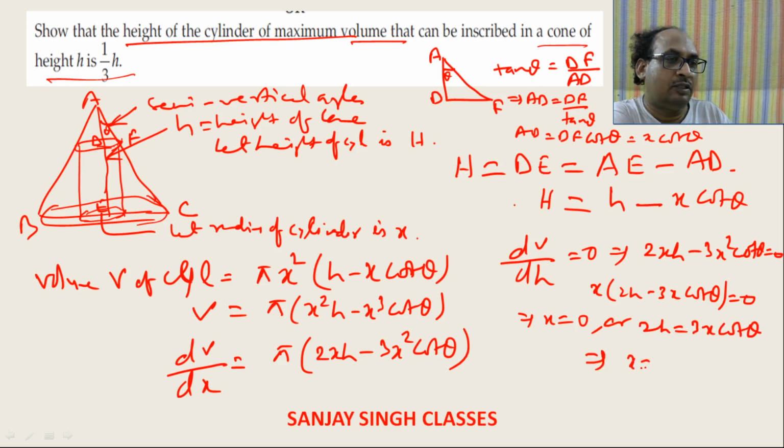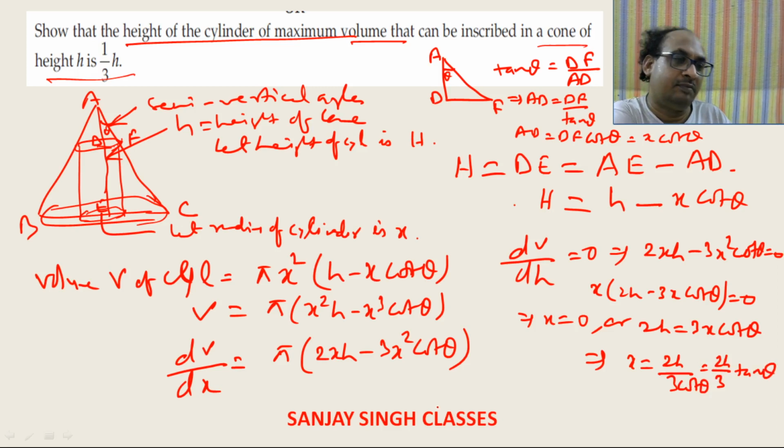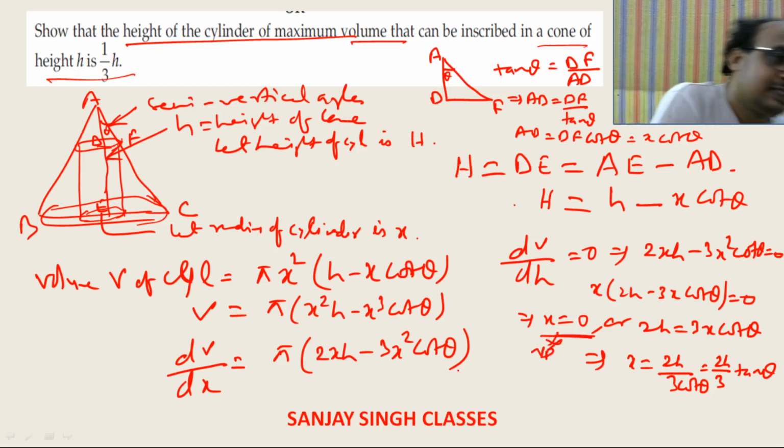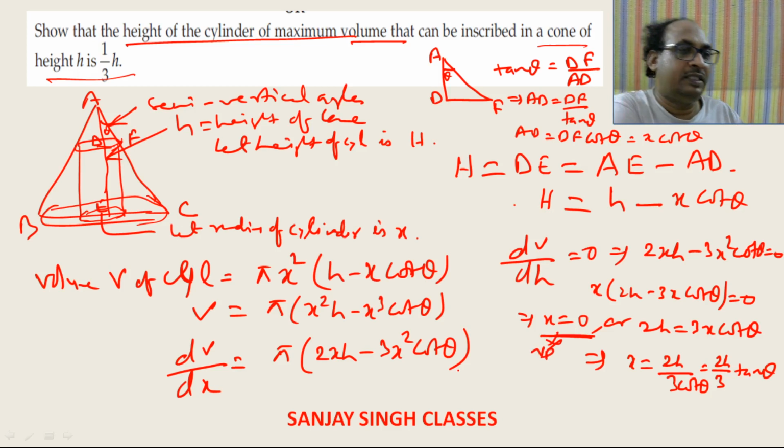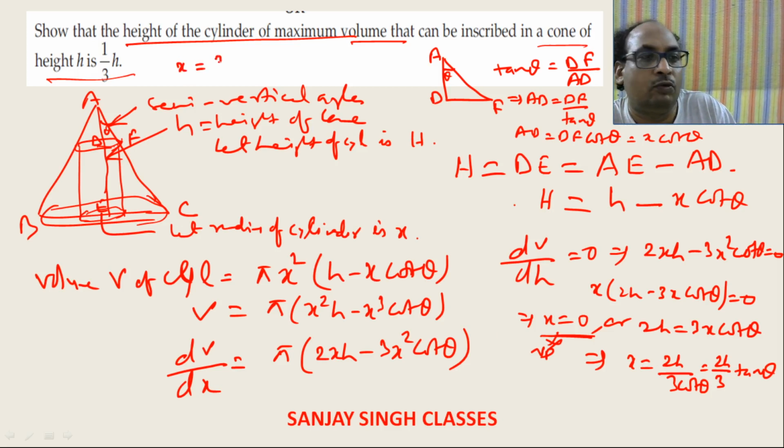It means x is equal to 2h by 3 cot theta, or 2h by 3 tan theta. So x equal to 0 is not possible. So what we have found is x equal to 2h by 3 tan theta.